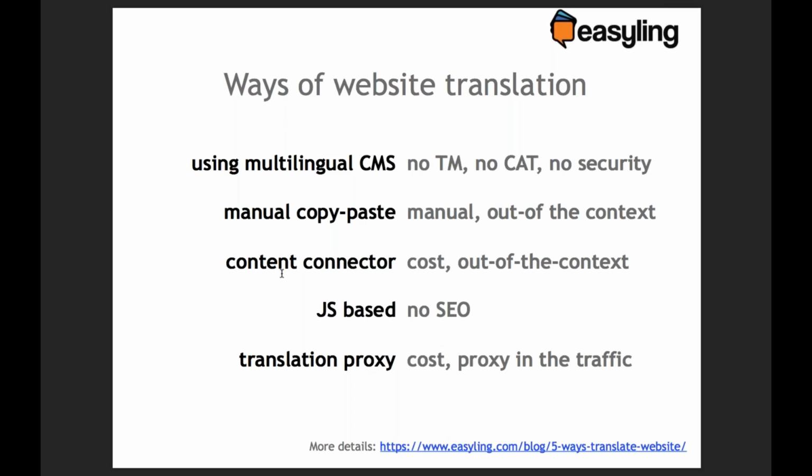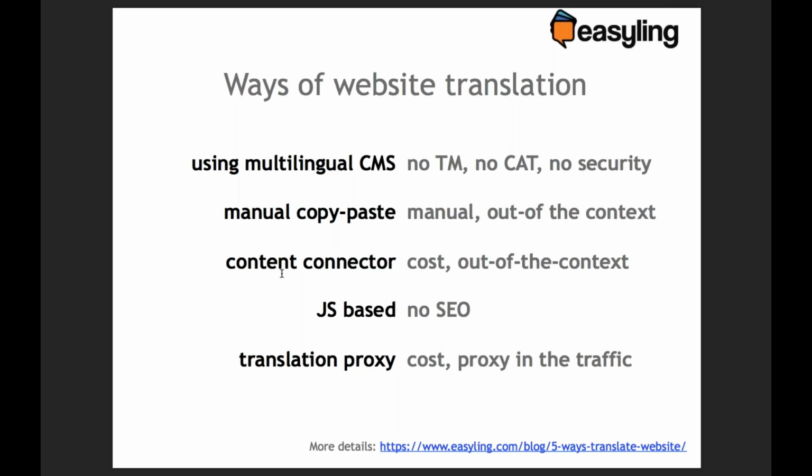Then the translators do the translation on this XLIFF file in their familiar system, in memoQ, Memsource, XTM, Trados, whatever. Then once it's done, this content connector will inject the translated bilingual XLIFF file back into the original content management system database.